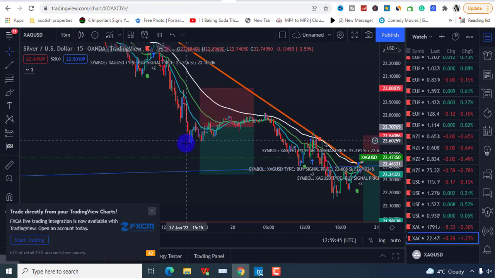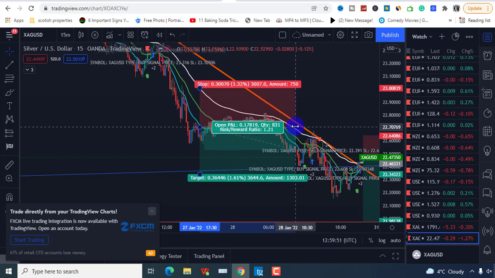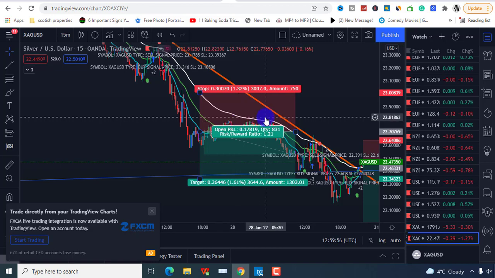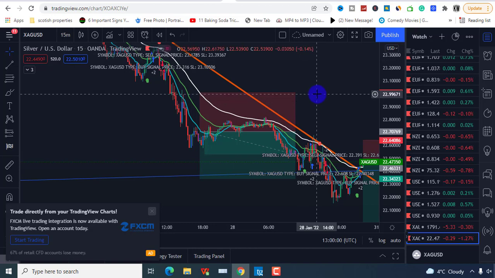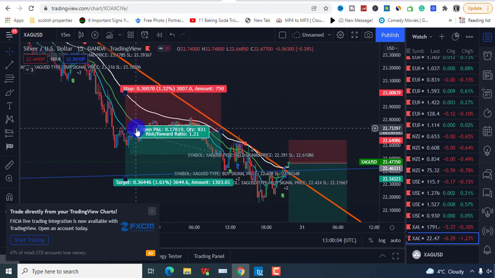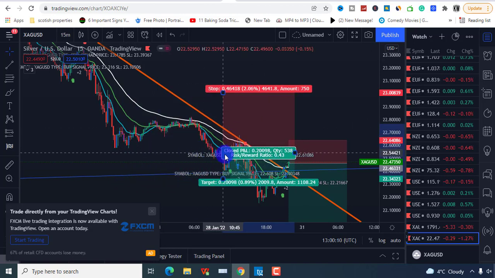So I would see price came down. I anticipate price going down, but then price came all the way here, maybe a third of my stop loss. If price was going to go here, let's say, okay, let's move our trade to here and make our stop loss way tighter.